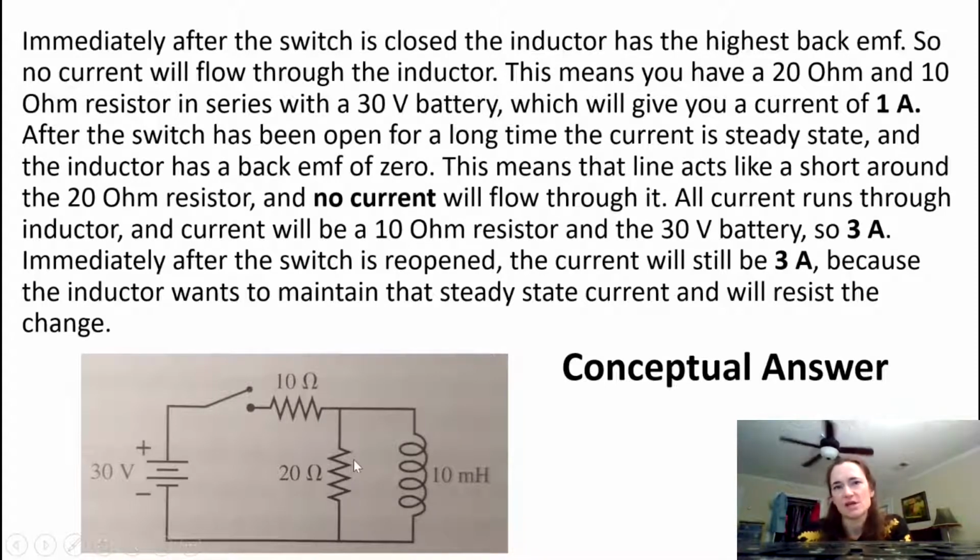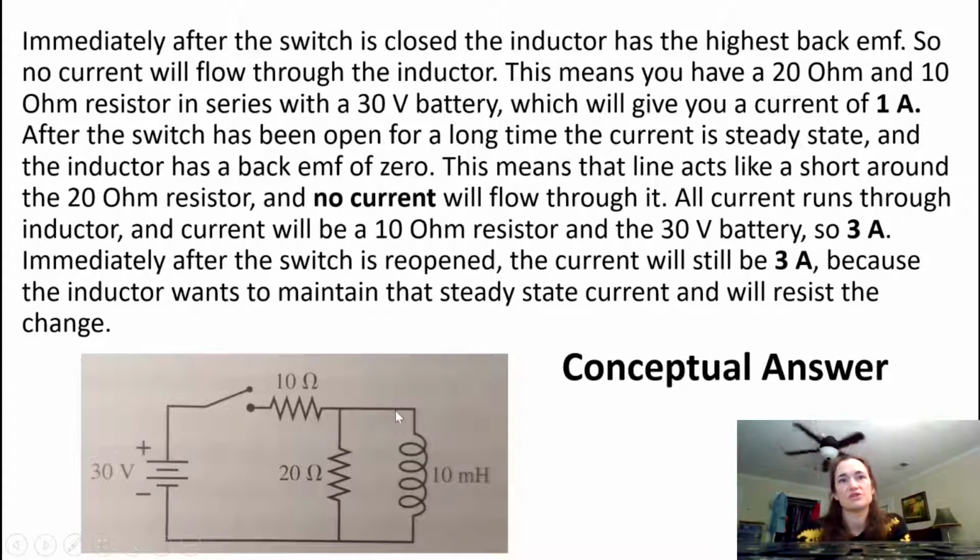Now, the next one says, what happens after the switch has been closed for a very long time? The answer is that you have a steady state current. There's no time rate of change of the current. It's reached its equilibrium value. So if there's no dI/dt, then there's no back EMF.